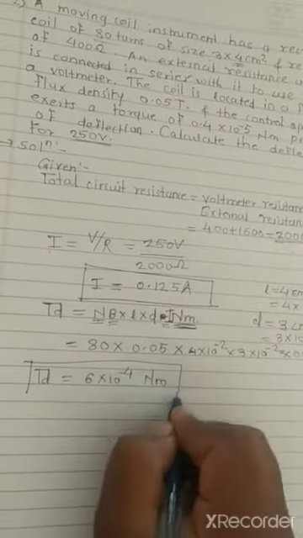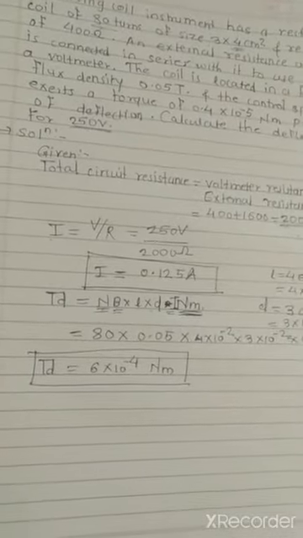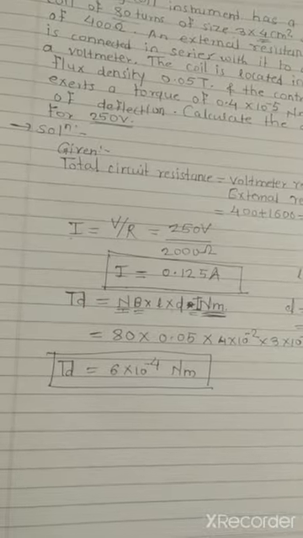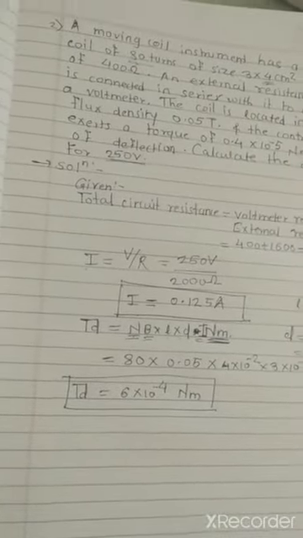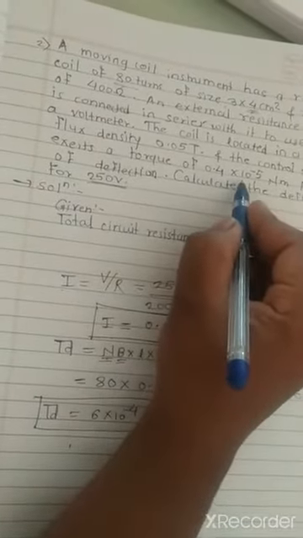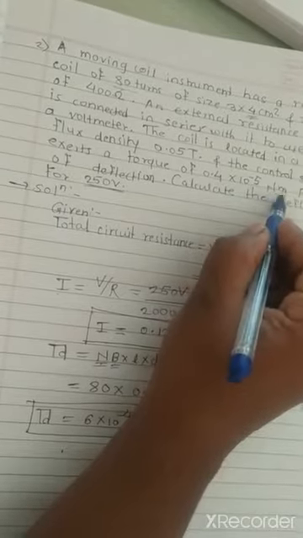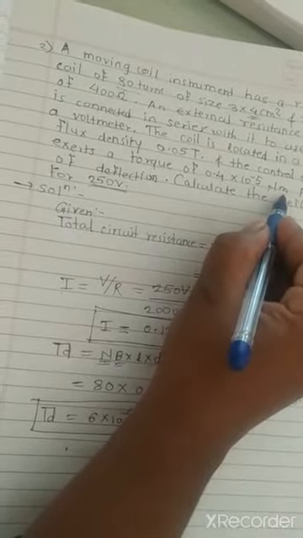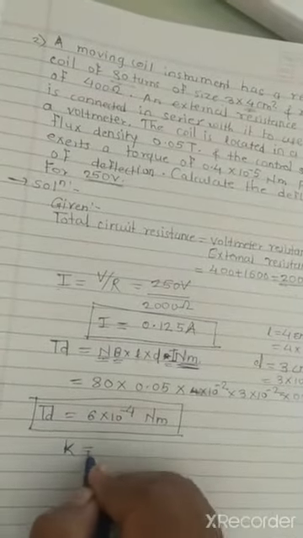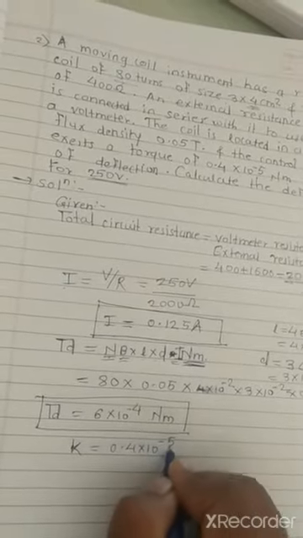Now we have to calculate the control spring. The control spring exerts a torque of 0.4 into 10 raised to power minus 5 Newton meter per degree. It is nothing but your spring constant. K is given: K is equal to 0.4 into 10 raised to power minus 5 Newton meter.